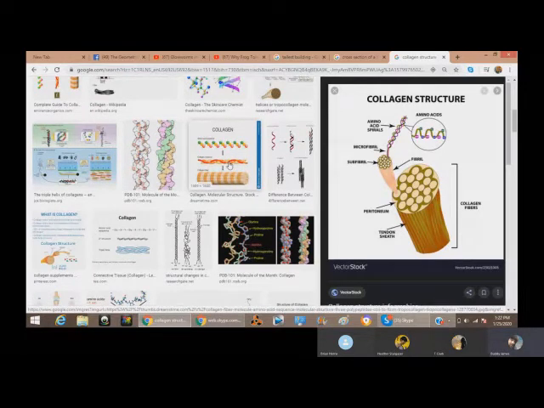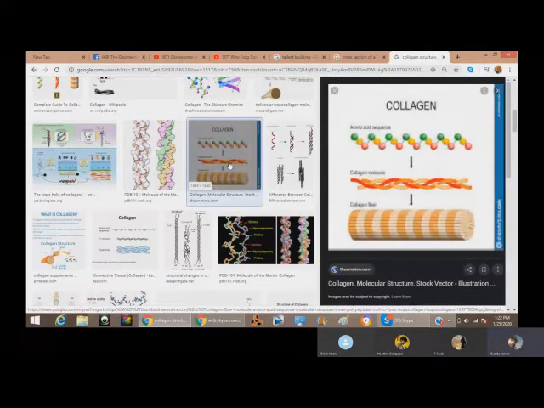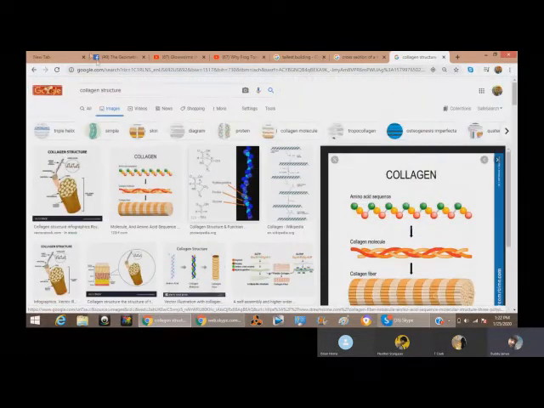So we have that nested structure inside of collagen, inside of our skin, and inside of our bones. Or where else is collagen? I mean, it's mostly in our skin, right? It's like your hair and your nails too. Okay.